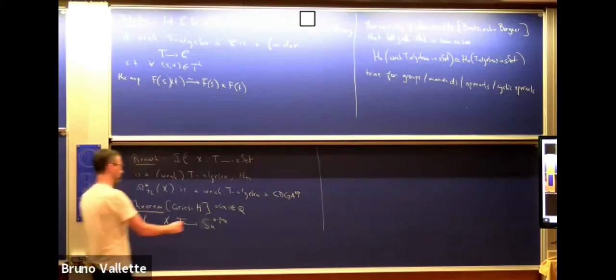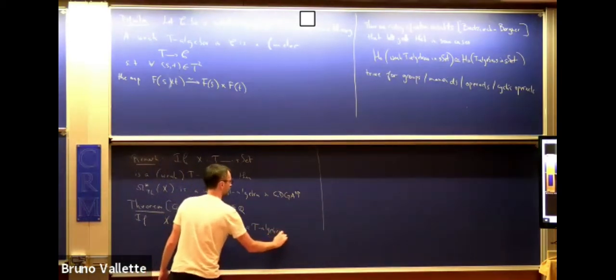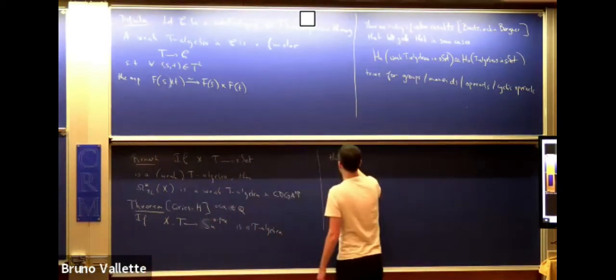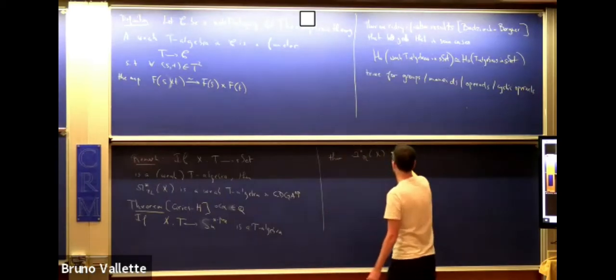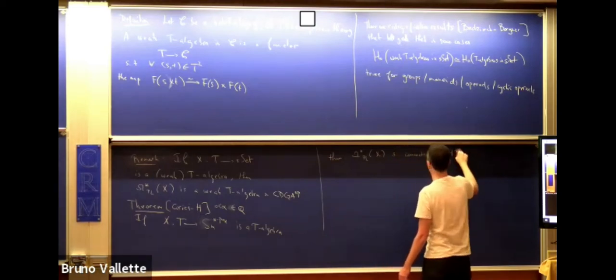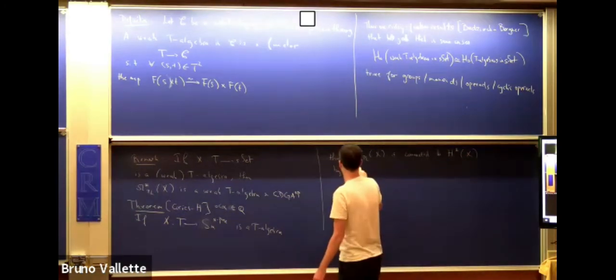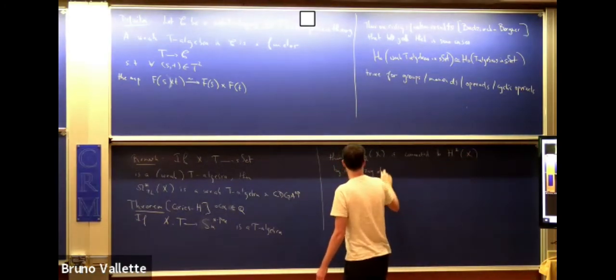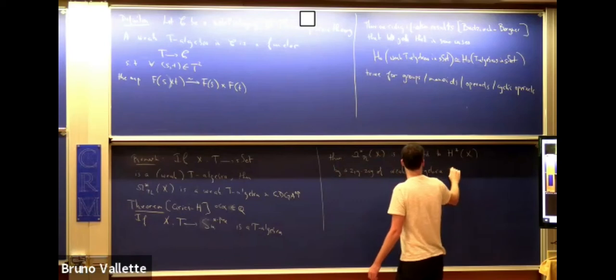Then Ω*PL of X is connected to the cohomology of X by a zigzag of weak T algebra maps.